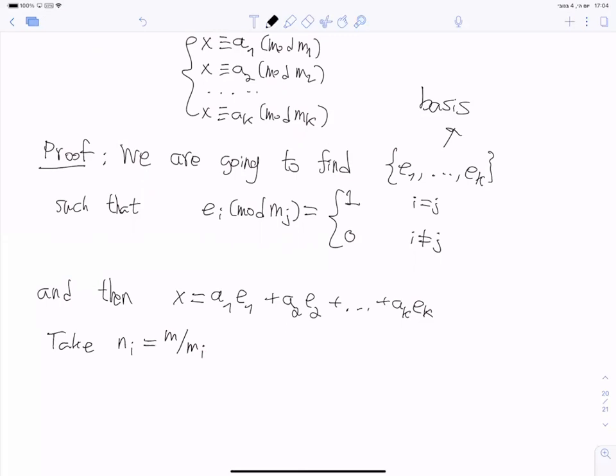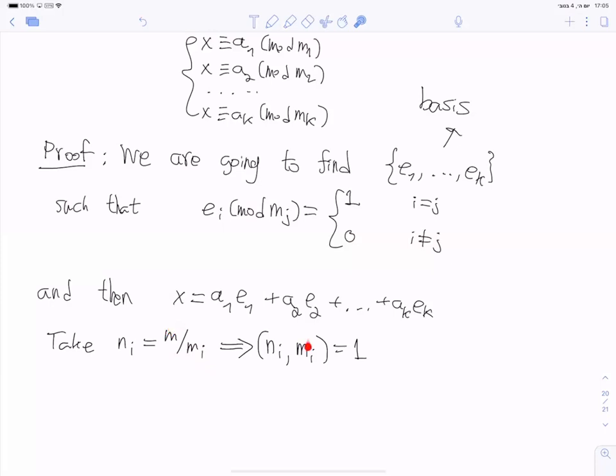So first, we know that Ni is co-prime to Mi, because Ni is what remains after you take Mi off from M. In this number you don't have any prime which exists in Mi, because all the others are co-prime to Mi.